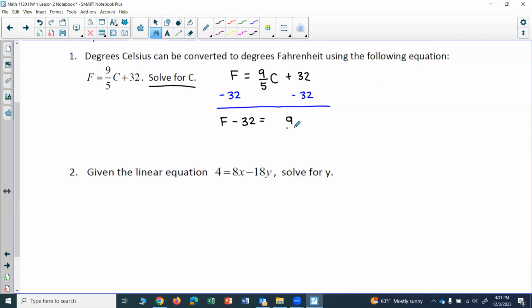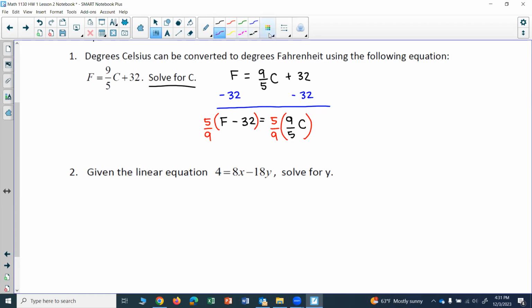So I have 9/5 C here. And then if I'm trying to solve for C, I'm going to multiply that by 5/9. And I have to do the same thing to the other side of the equation. So I'll put parentheses around F minus 32 and multiply by 5/9.